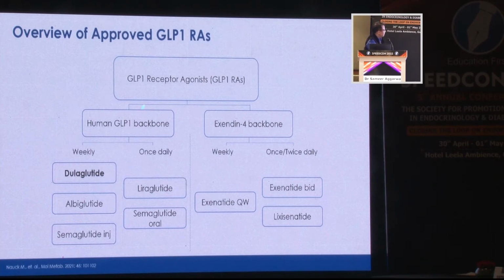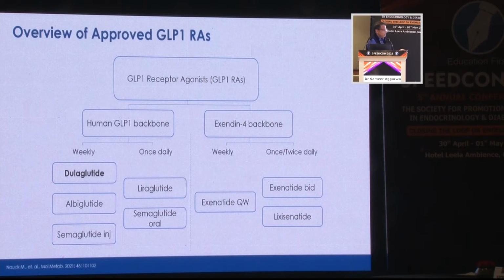But if we talk about human GLP backbone, the weekly therapy, I think we only have dulaglutide or Trulicity at present in India. If we talk about daily, yes, you can have liraglutide daily injections, or you can have oral semaglutide, the only GLP analog which is available orally. But if we talk about weekly, it's only dulaglutide.